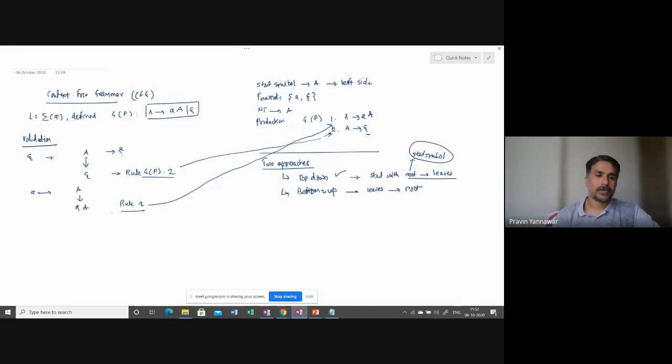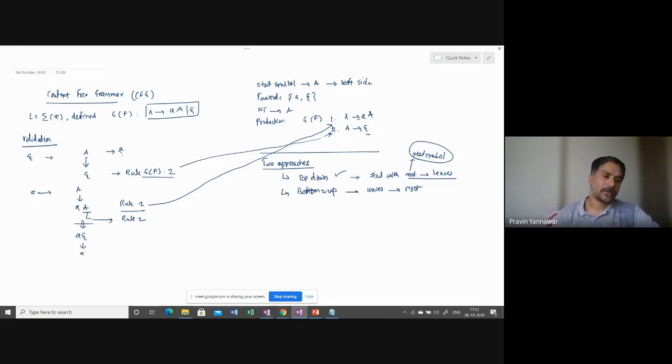Then you still have a non-terminal here, A. If it is substituted by rule 2, this is going to be A epsilon. So A is substituted by rule number 2 as epsilon. So it is A epsilon.